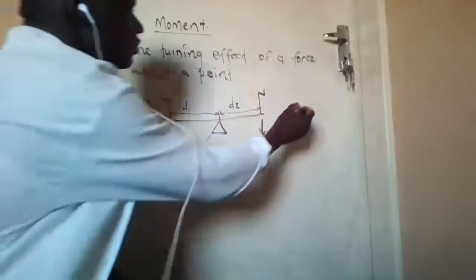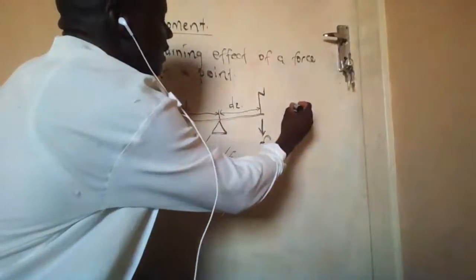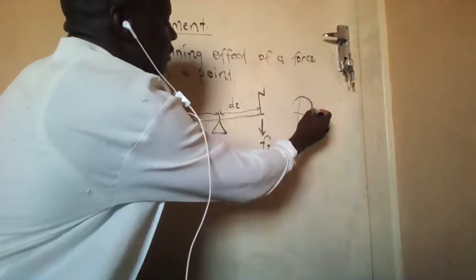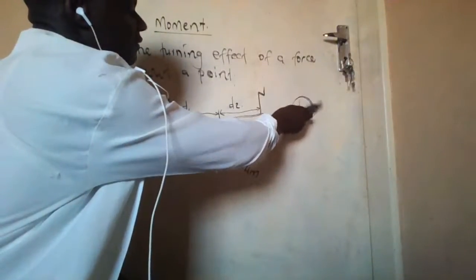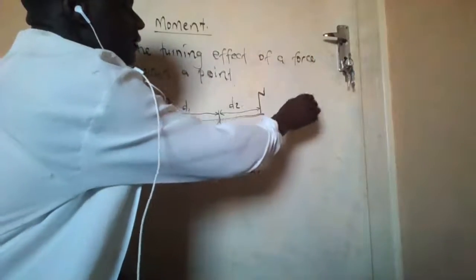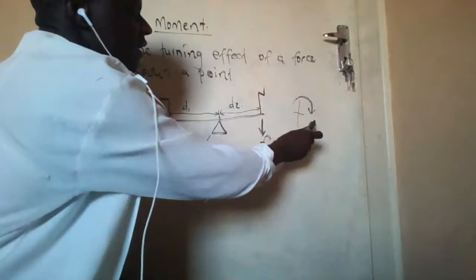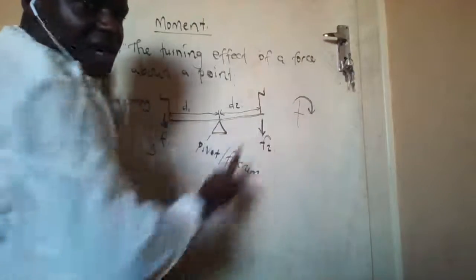If you look at the wall clock, which gives the indication of how much time we have, it goes in this direction. So this direction is called the clockwise direction.